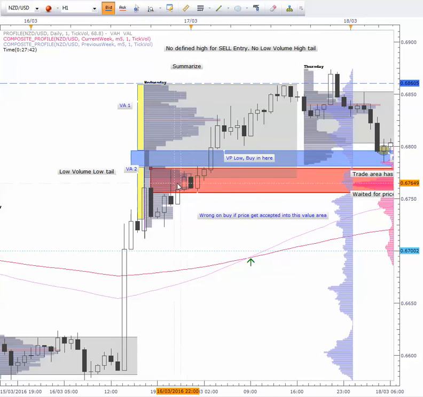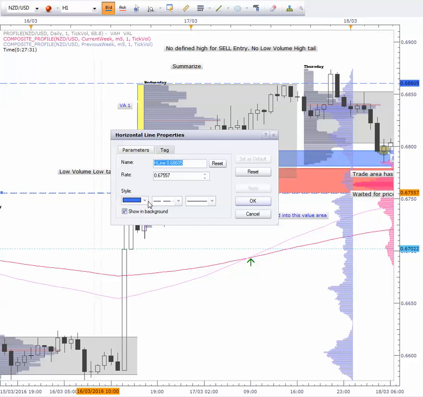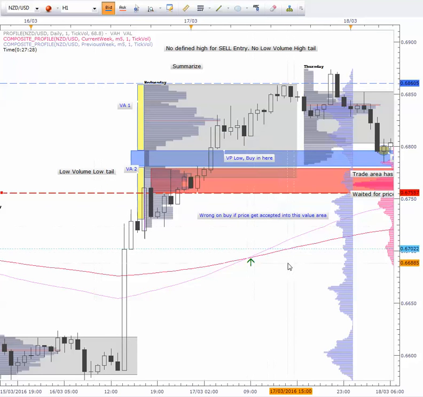Now, I don't want it to be all the way down here. Let me see what level that is. My stop is not going to be 67.57. That's going to be too big. My stop is going to be if I see acceptance into this range.